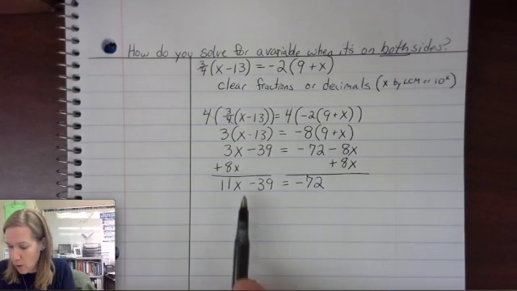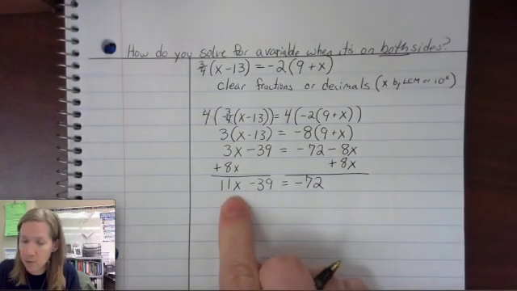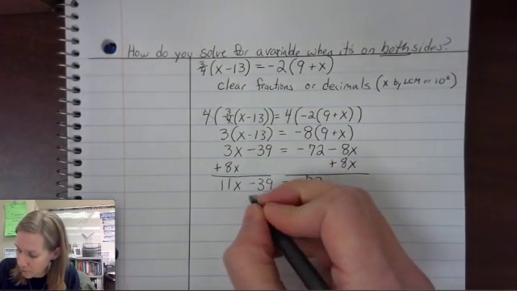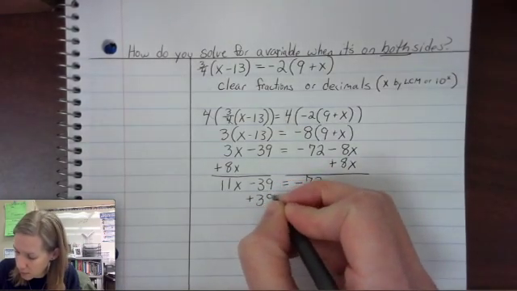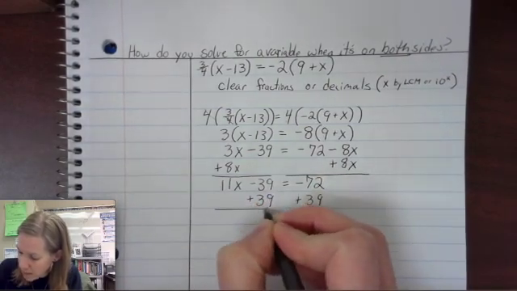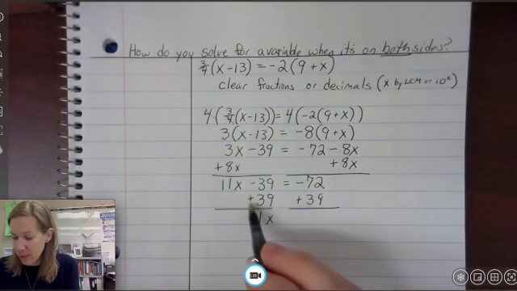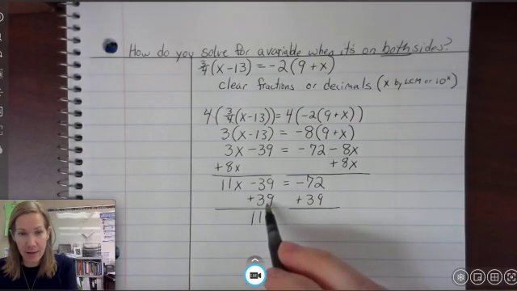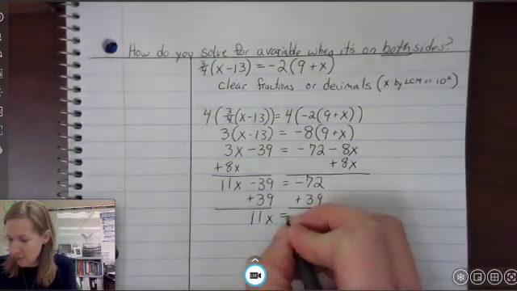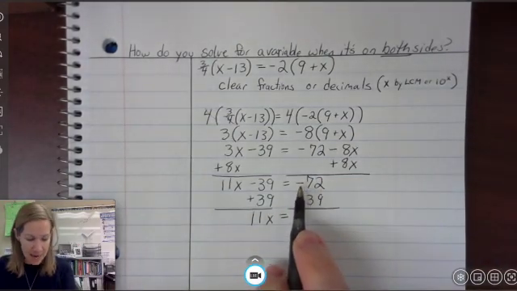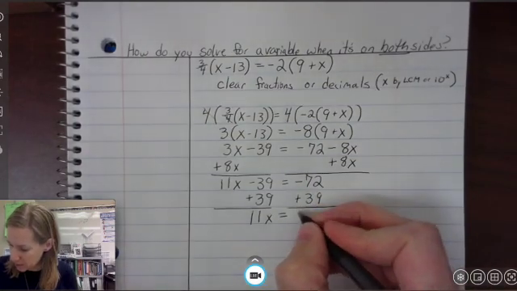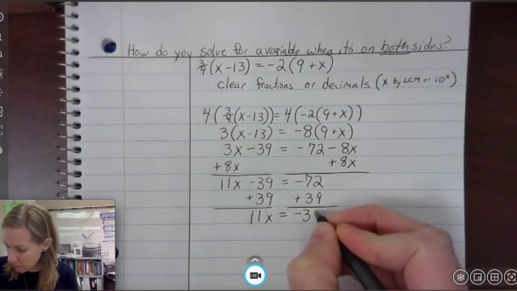Now we've solved problems like this before. So now to isolate x, I'm going to add 39 to both sides of the equation. Because -39 plus 39 adds up to be 0, we're just left with 11x equals, and then here we have -72 plus 39, which is going to give us -33.